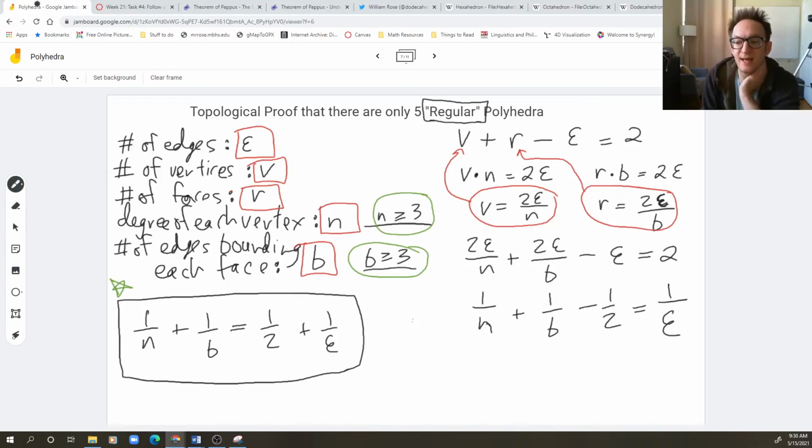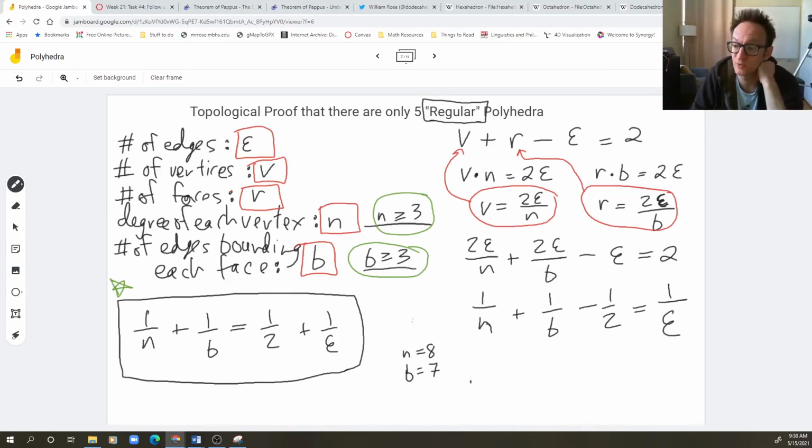Because if n and b are big, like, imagine n is 8 and b is 7, well, that's just not going to work, because 1/8 plus 1/7 is much less than a half. Somehow the left-hand side of this equation has to add to at least a half, and in fact has to be more than a half.